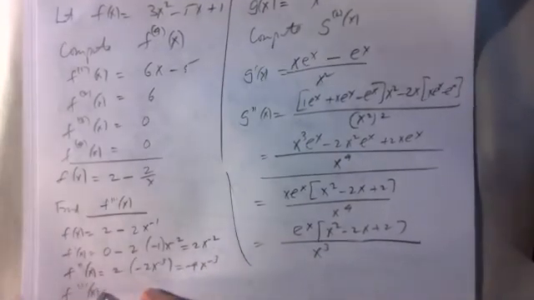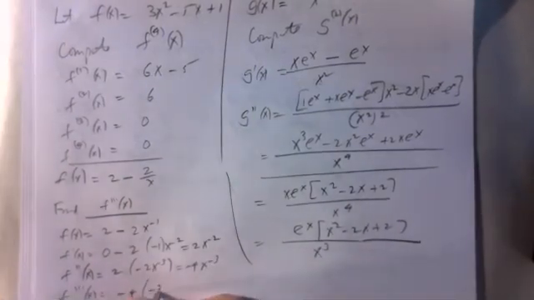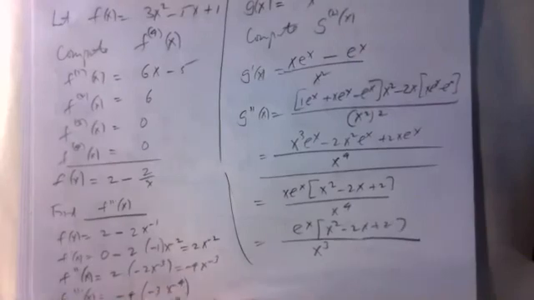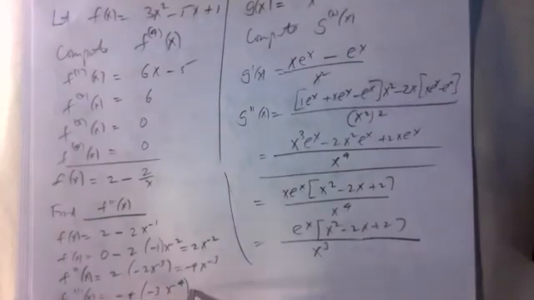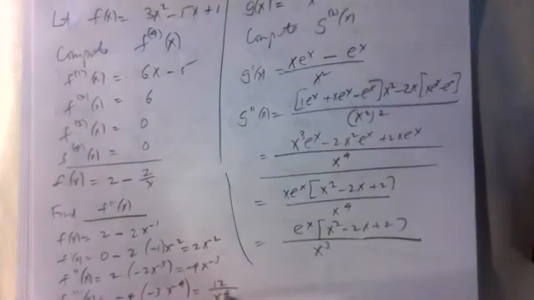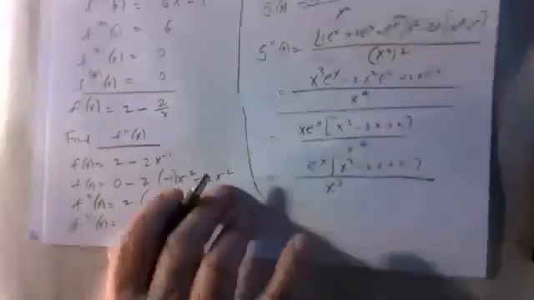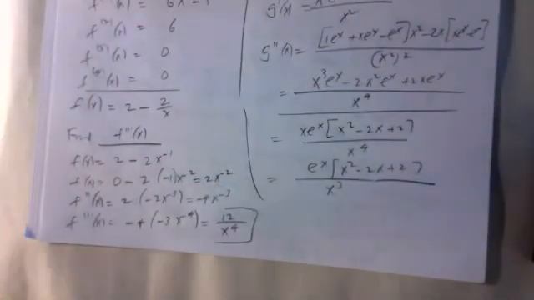And then the third derivative is minus 4 times the derivative of x to the minus 3, which is minus 3x to the minus 4. Minus 3 times minus 4 is 12. x to the minus 4 is 1 over x to the 4th. So that's the answer.